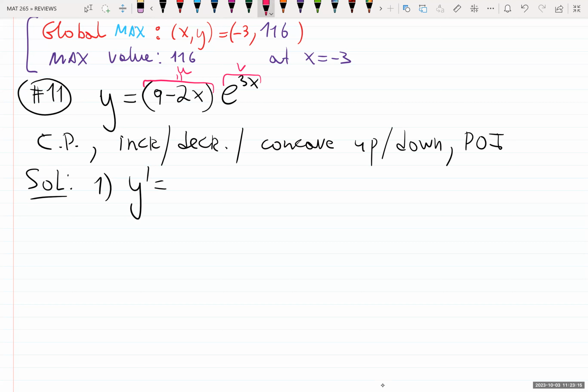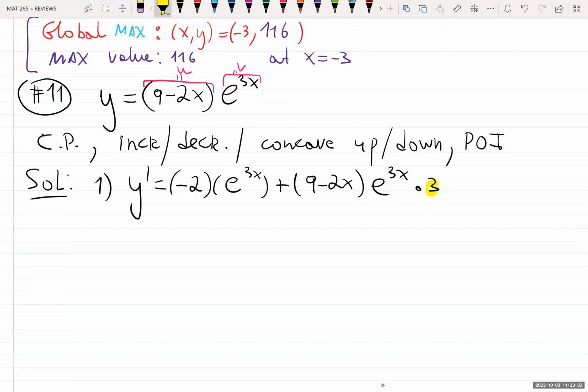If you make a mistake right now, everything will be wrong. u times v: the derivative of u is minus 2 times e to the 3x, plus (9 minus 2x) times e to the 3x times 3. Remember, chain rule says times the derivative of the function inside. But what is the function inside? For the exponential function, it's 3x, the exponent. That's what they mean here.